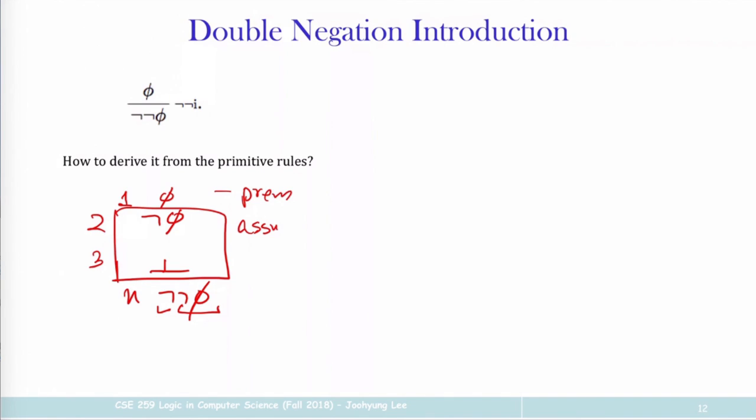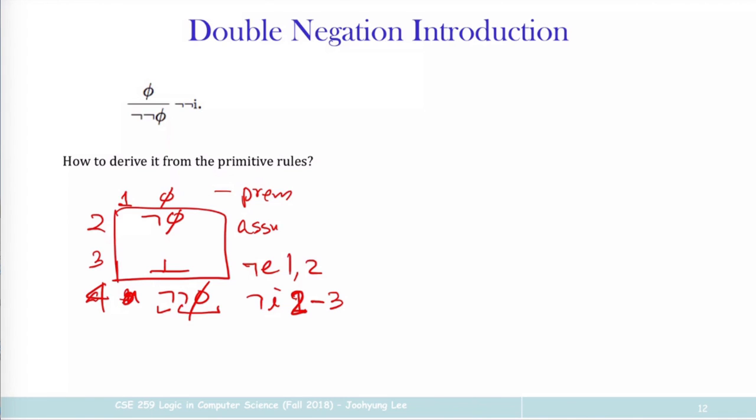Line 3 is immediate: this is negation elimination from lines 1 and 2, which are contradictory to each other. And line 4, you can introduce the negation from lines 2 to 3. That's it.